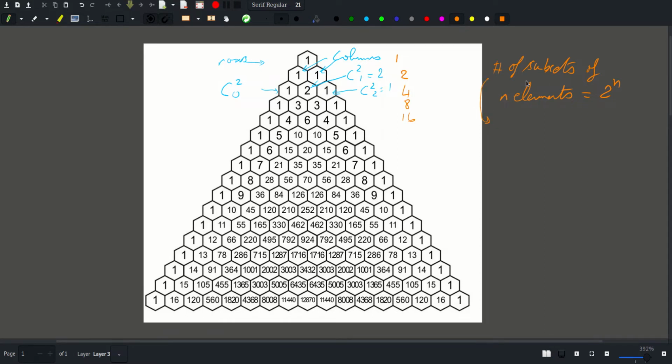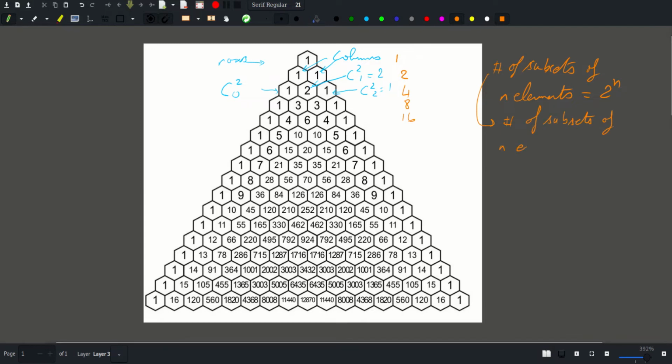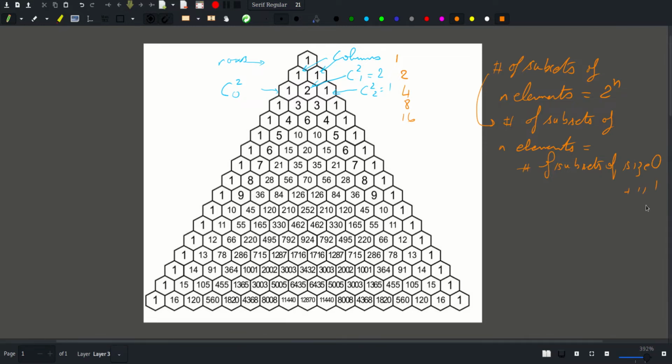And we can also reformulate the total number of subsets. So the number of subsets of n elements is the number of subsets of size 0 plus the number of subsets of size 1 plus the number of subsets of size 2 all the way up to the number of subsets of size n.